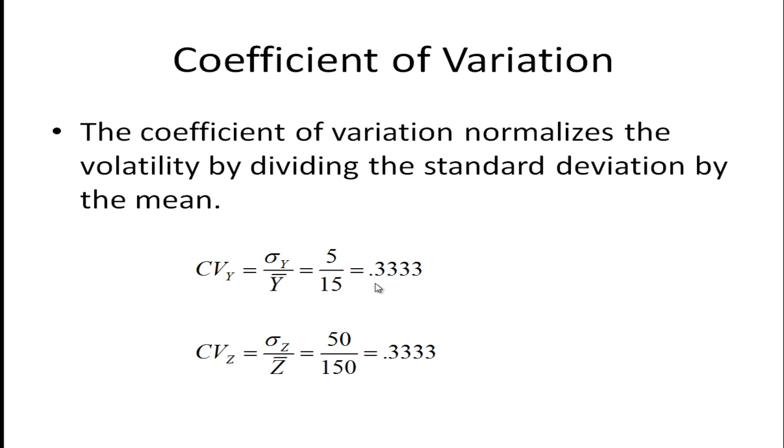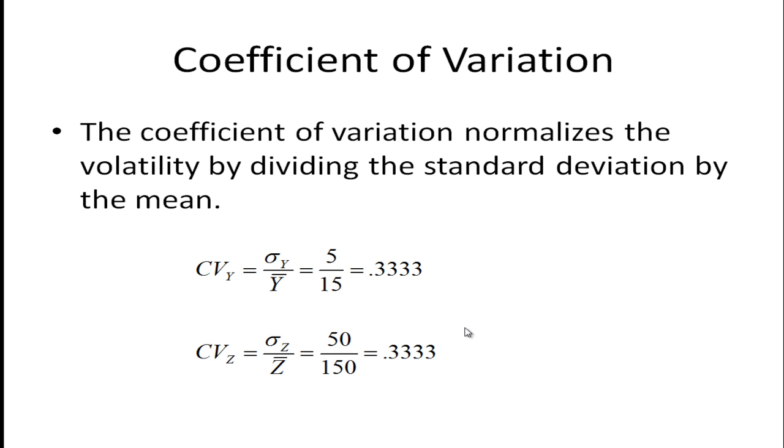So 5 divided by 15 is 0.333. The standard deviation of z is 50. The mean of z is 150. So if we take 50 divided by 150, we get a coefficient of variation for z of 0.333.